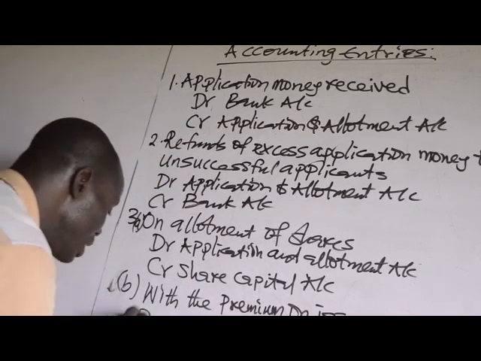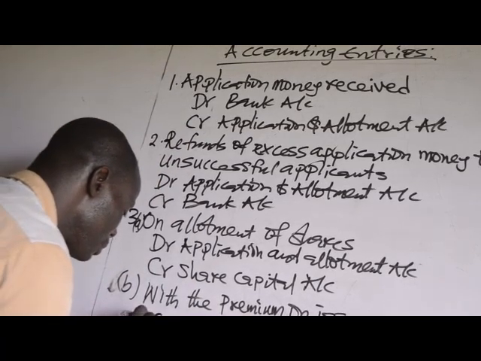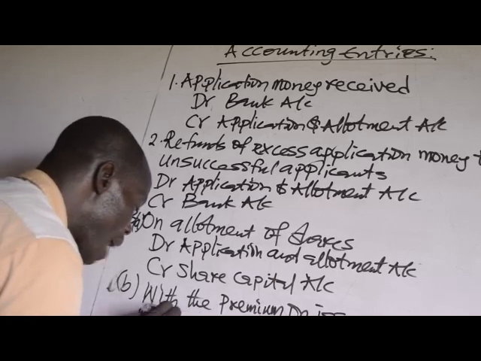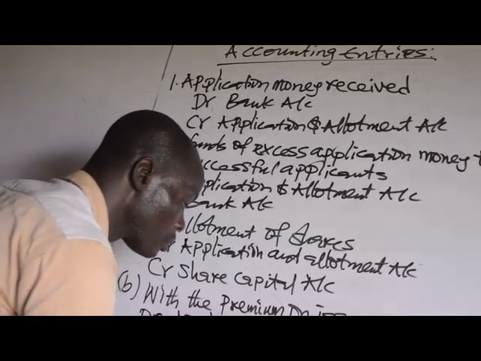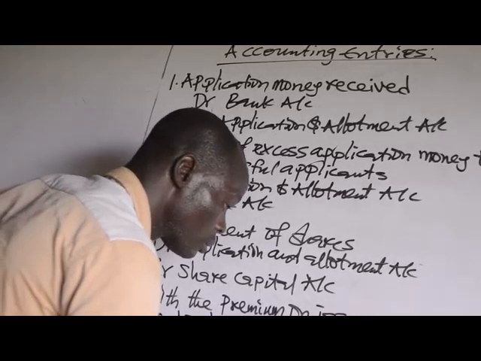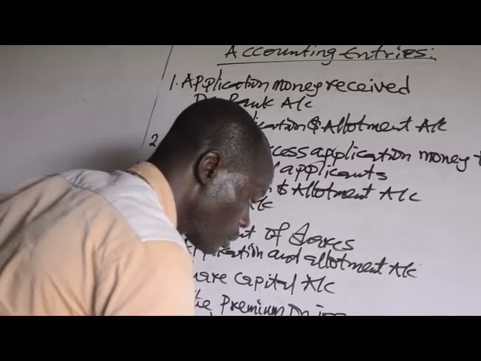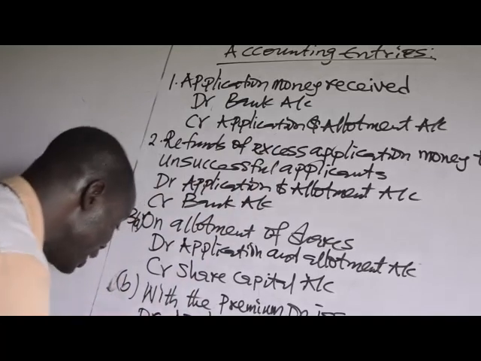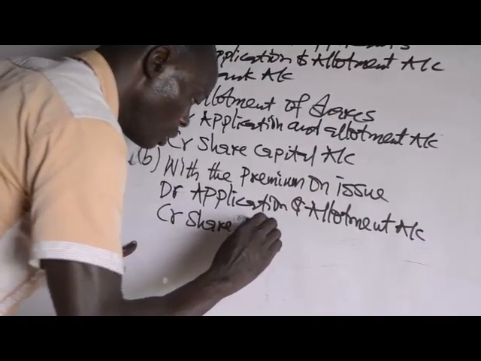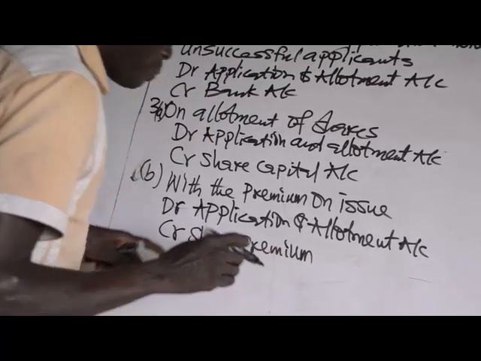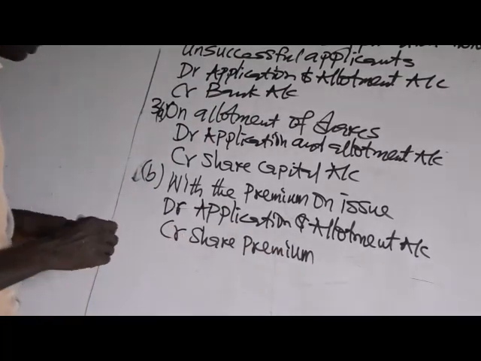In that case, you debit application and allotment account and you credit share premium account with the premium on the shares.